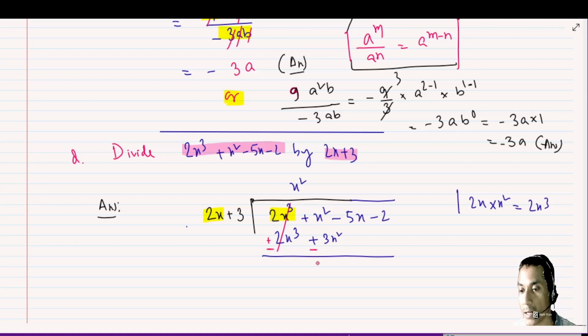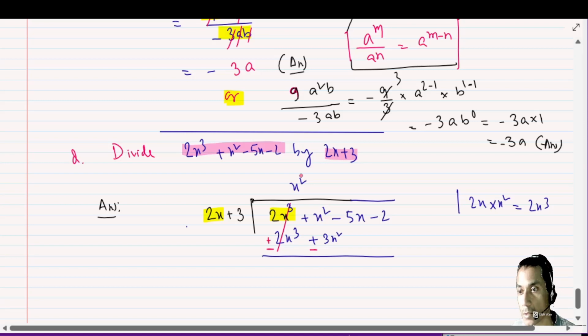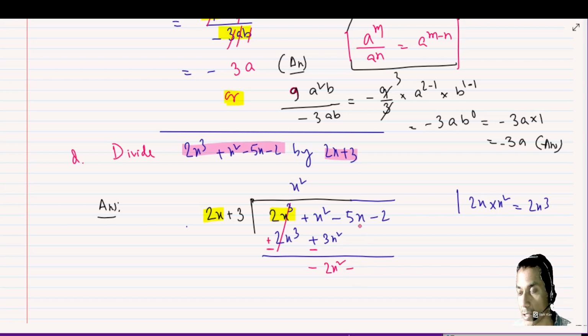And what remains? Minus 3 plus 2 is how much? It is minus x square. Okay. Next, we just drop the next term, that is minus 5x. Clear? Minus 5x.